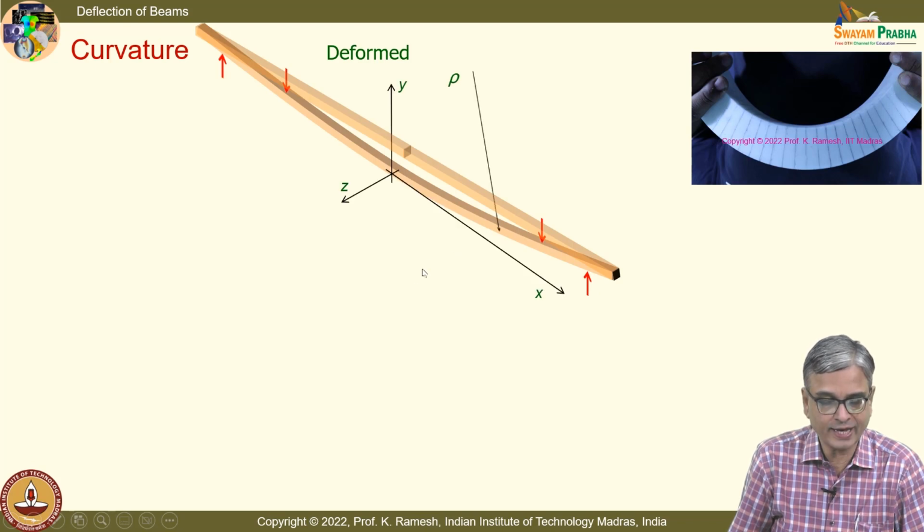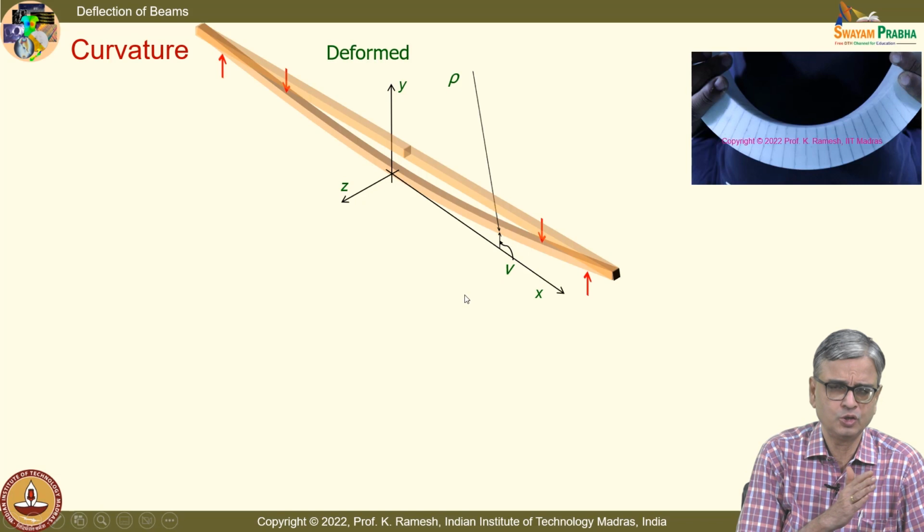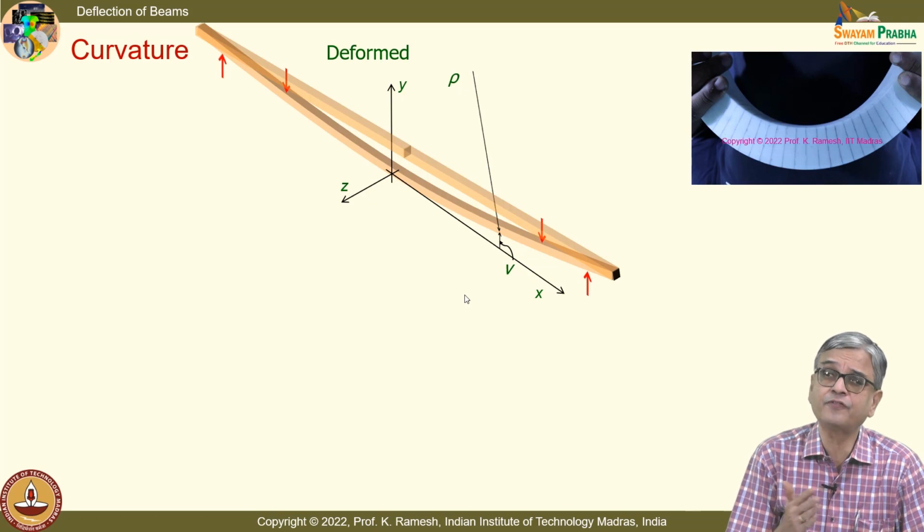And you have developed the notion of curvature. You have the radius of curvature rho indicated, and the vertical displacement is also labeled as v, because we have used u as horizontal displacement, v as the vertical displacement, and u and v are functions of x and y. Fine.